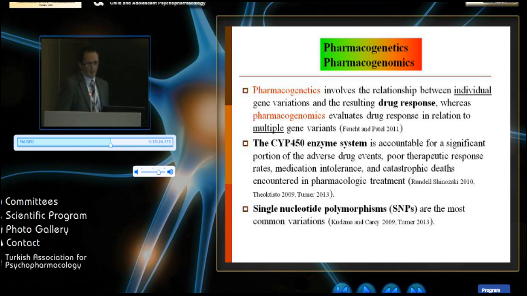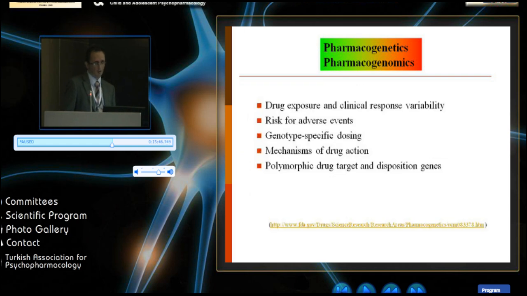And in children, especially in terms of side effects, low therapeutic response and intolerance, and the other side effects are usually due to CYP450. And the most frequently seen variation is that single base change.